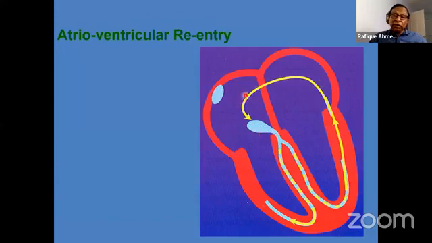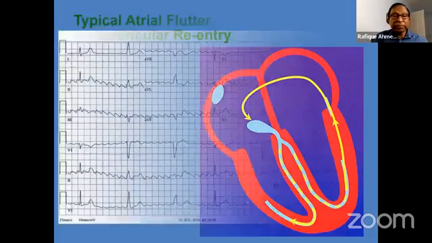Because it is going this way, most of the time it will be narrow QRS, unless there is underlying left or right bundle branch block, or rate-dependent bundle branch block. On the other hand, if the electricity goes down the other way, then I will have a wide QRS tachycardia, which will be antidromic atrioventricular reentrant tachycardia.